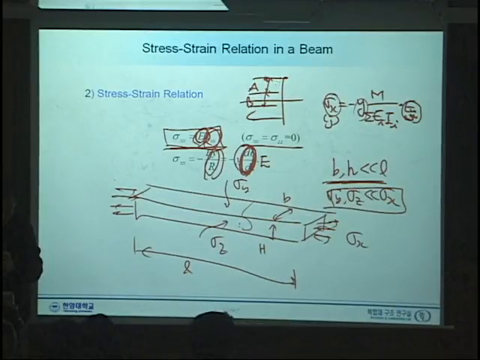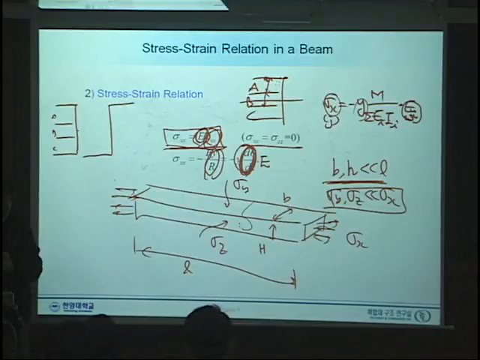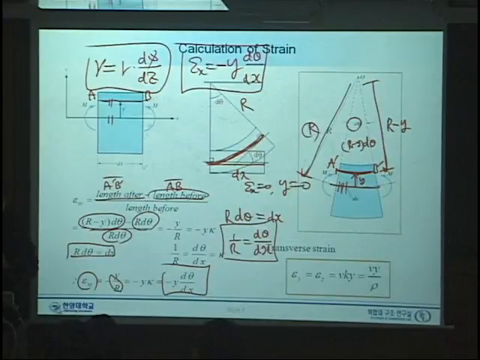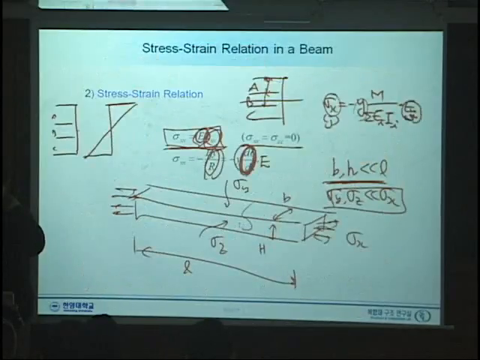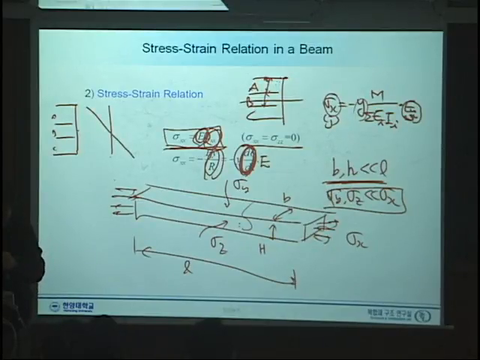Okay, strain. We have the beam with three different layers, material properties A, B, and C. The strain distribution is simply linear like that, right?